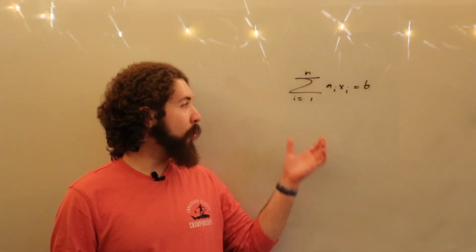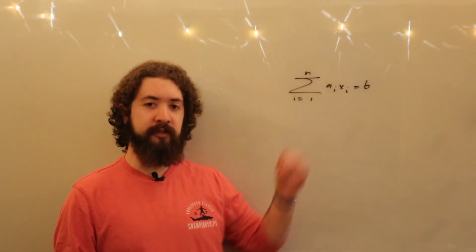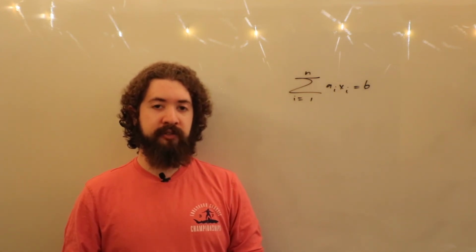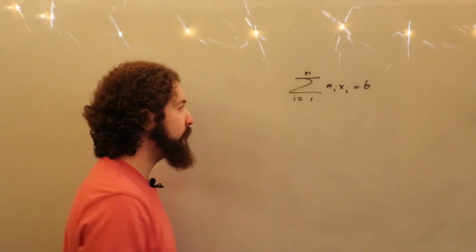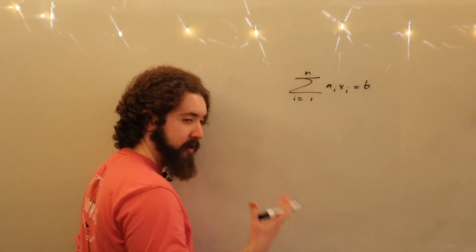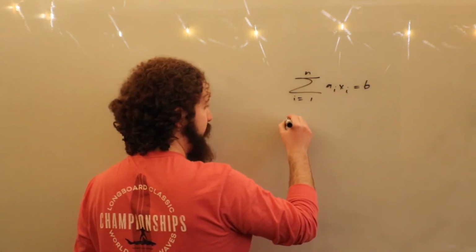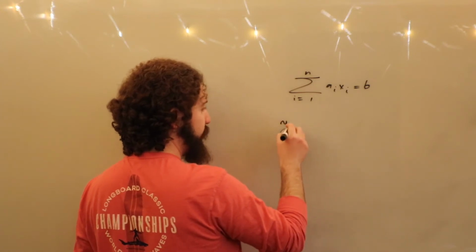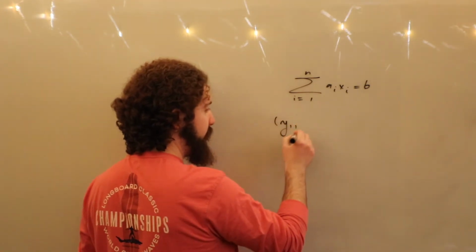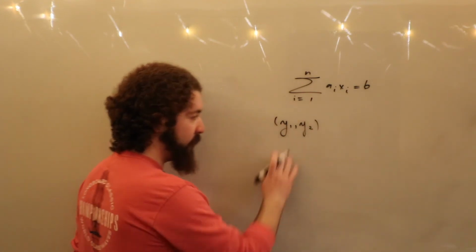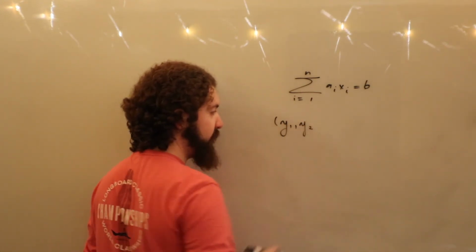Okay, so what constitutes a solution to our linear equation? Well, just like any other algebraic equation, in n variables, n unknowns, we want an ordered n-tuple, which is like an ordered pair, right? We have ordered pairs, but we can do more than just two.